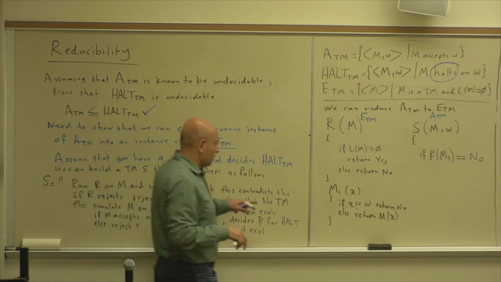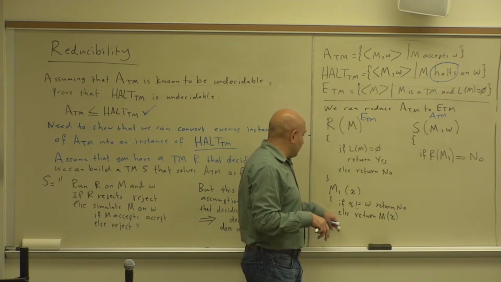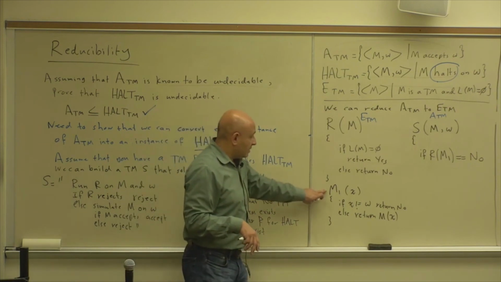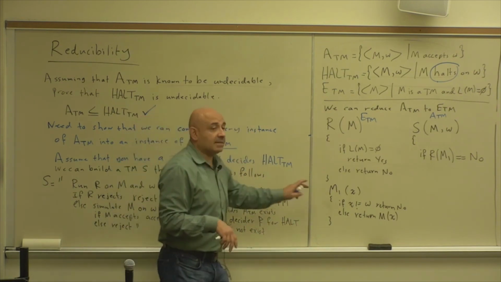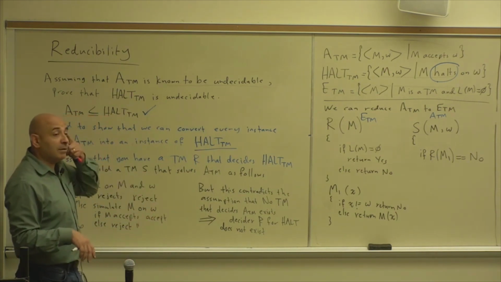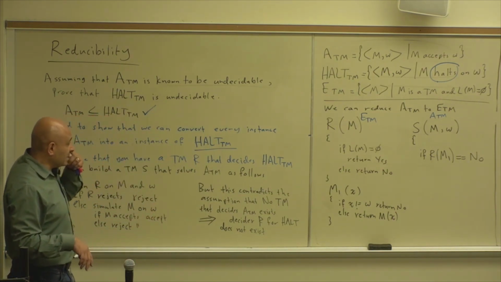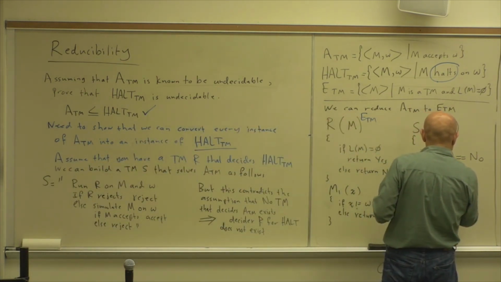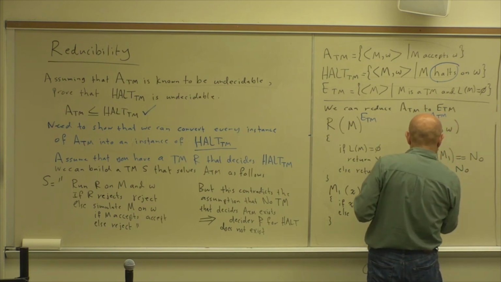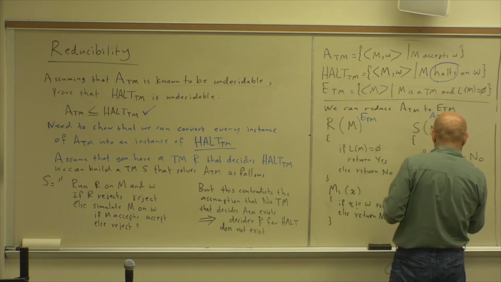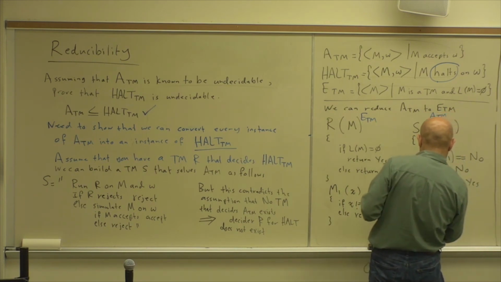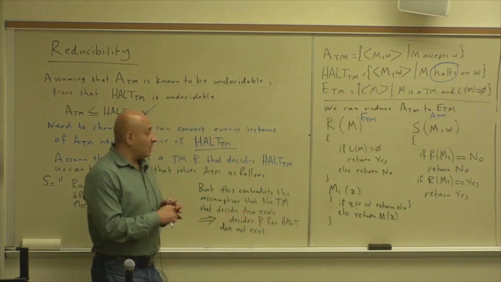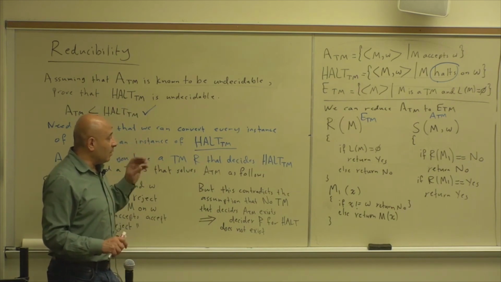Then I know for sure, if R of M1 says yes, I know that M accepts W, because M1 cannot return yes unless the string is W. For anything other than W, it cannot return yes. So I changed M such that it can only accept W.